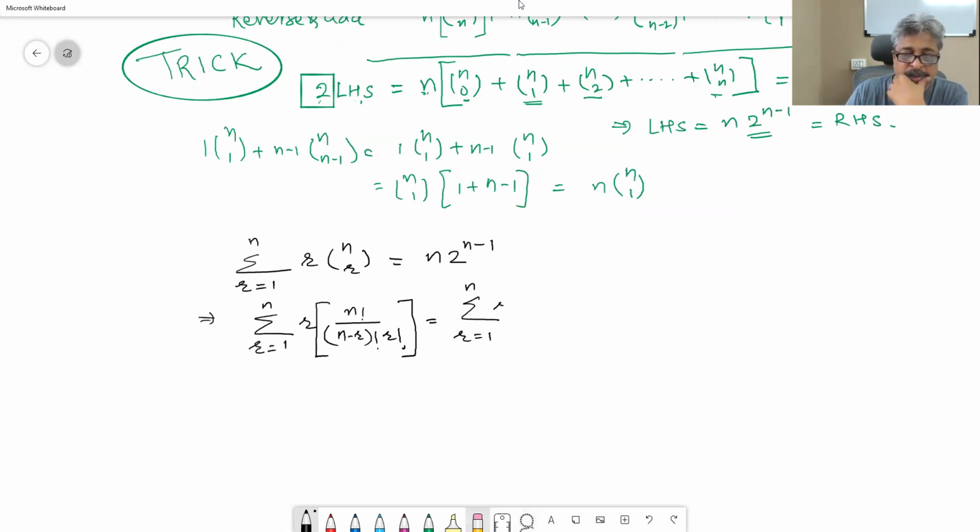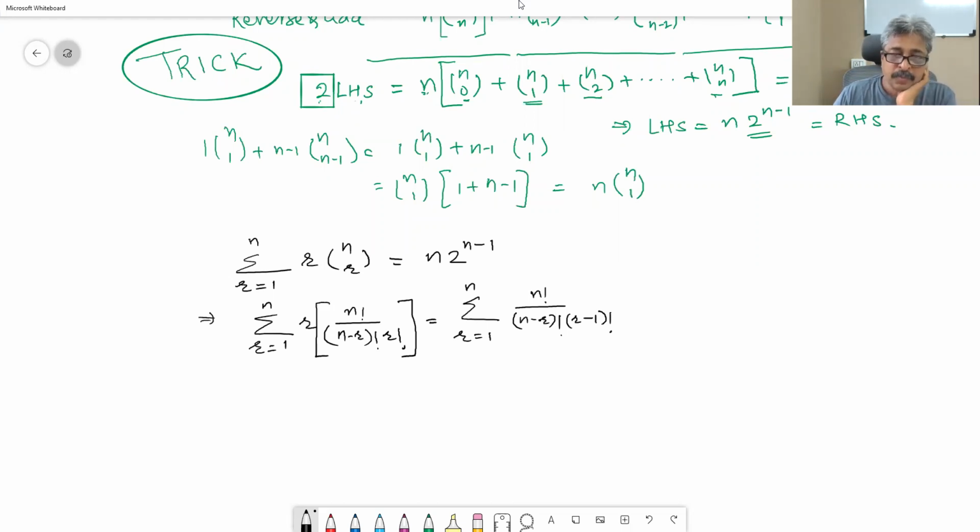You see whether you understand. r can be cancelled, and in the numerator you have n factorial divided by n minus r factorial into r minus 1 factorial. This r gets cancelled with the first term over here. Understood? Right.